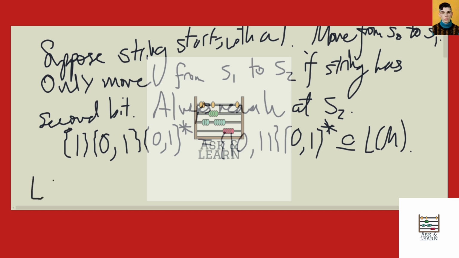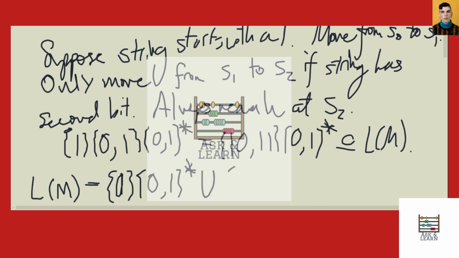So we have that the generated language is going to be the set {0}, set {0, 1}*, sorry, there should be a 0, set {0, 1}*, union with set {10, 11}, set {0, 1}*.